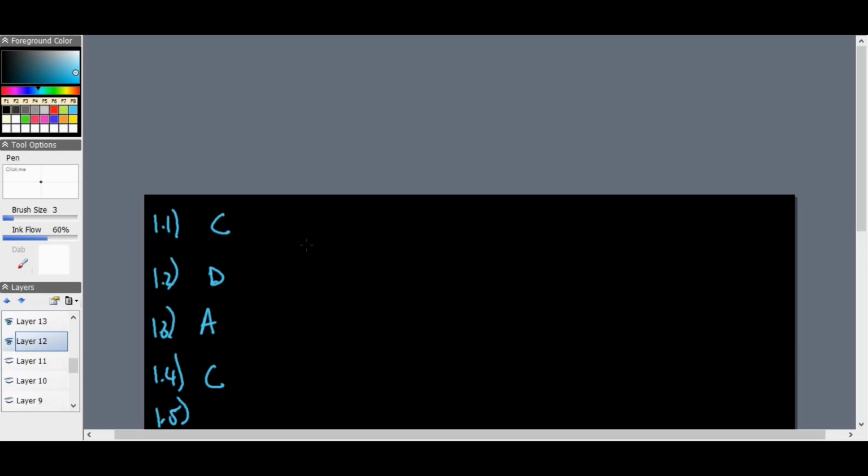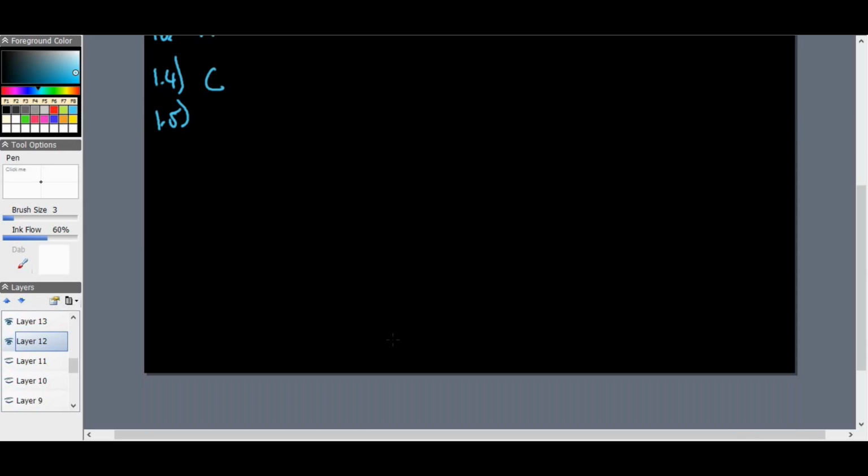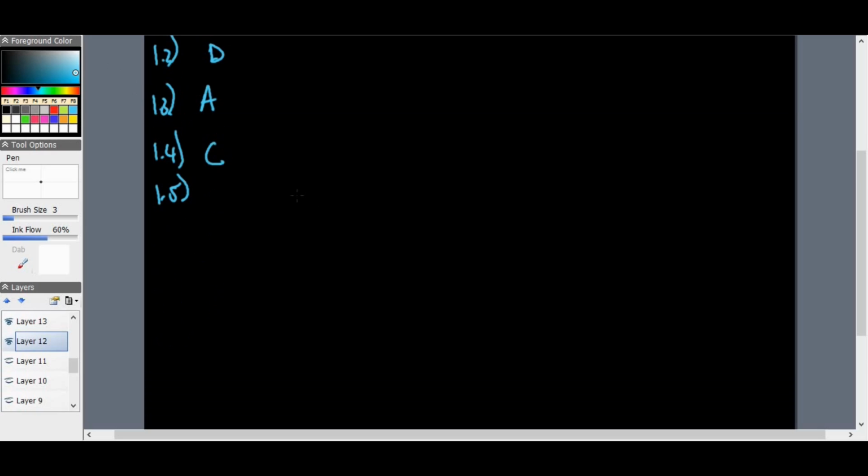Initially for 1.5, I'm going to have to work this one out. Picture this E here as 1. 1E, so it's 1 whole.